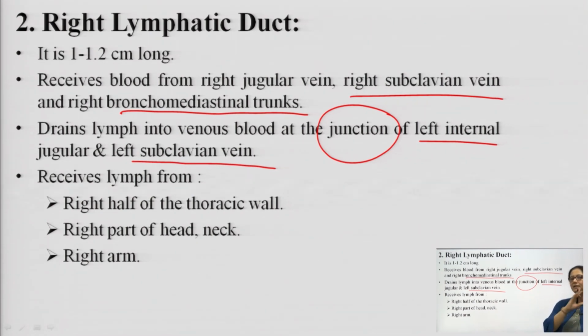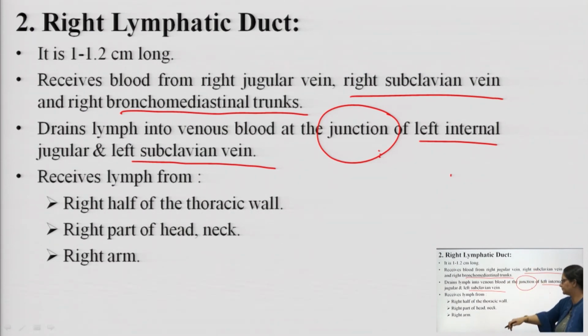This is the main junction where the heart is connected with your veins, basically the subclavian vein. So that junction is the main site where the lymph collected from the whole body unites and connects with the heart.